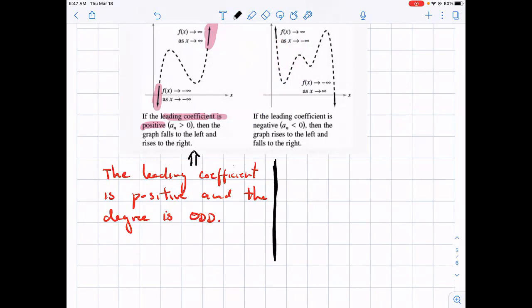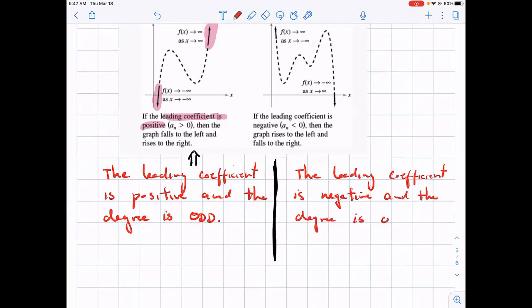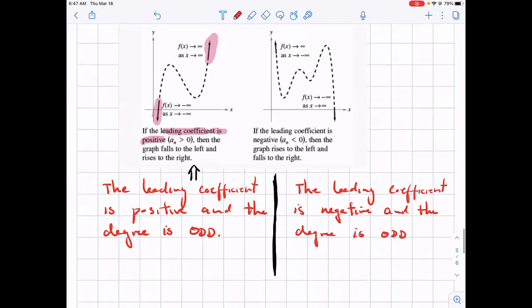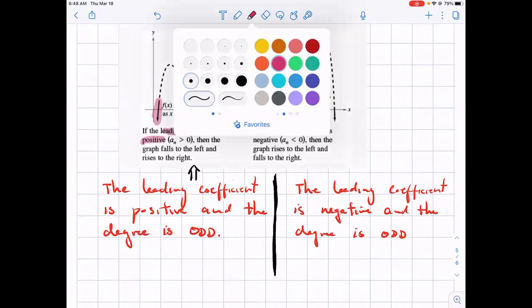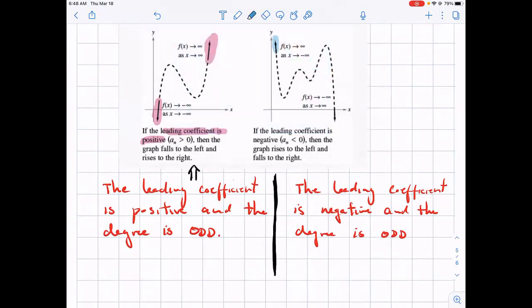On the other picture, you will notice that if the leading coefficient is negative and the degree is odd, the graph sort of flips.